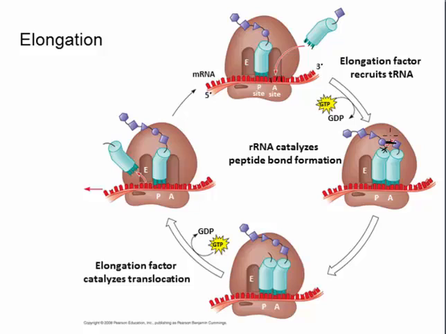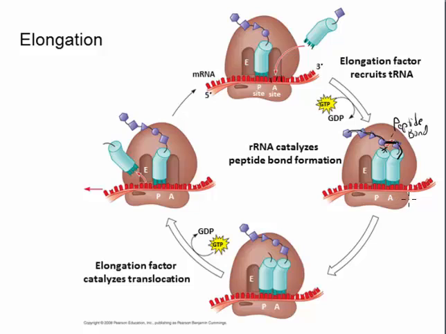So we build a new covalent bond. Here's our peptide bond being formed. And at the same time, the bond between that amino acid and the tRNA that was holding it is broken. So effectively, this entire polypeptide chain is now transferred to this tRNA. This tRNA is holding the polypeptide.